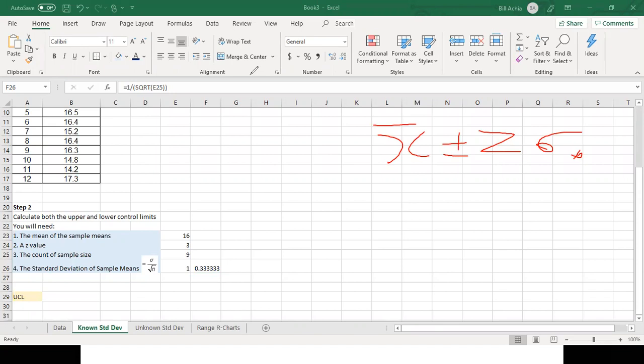The lower limit, we subtract this from your mean of 16, and for your upper limit, you add this, your z-score multiplied by the sample standard deviation.